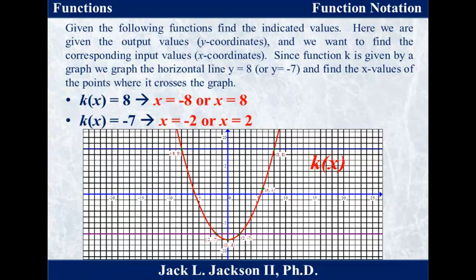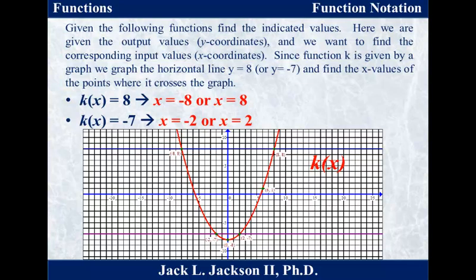What about k of x equals -7? Draw a horizontal line at -7, so y equals -7 is this purple line down here, it's horizontal. It crosses the graph in these two green places, and what are their x's that go with it? Well, -2 and +2. So (-2, -7) and (2, -7) are two points on the graph.